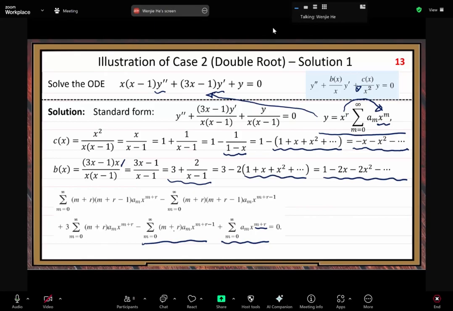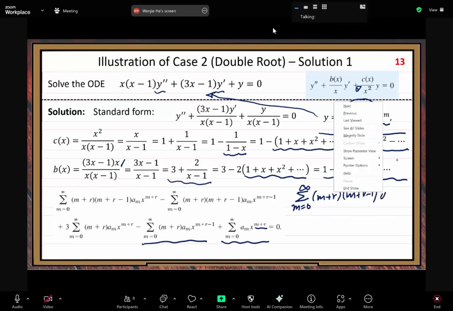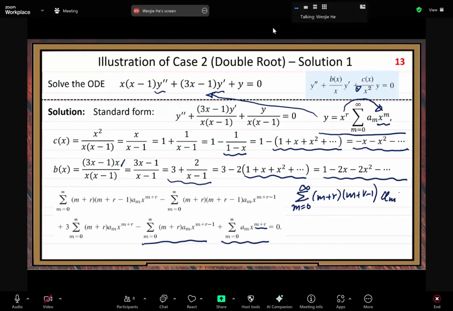So here, I like to multiply another time. Sum from m equals 0, m plus r, m plus r minus 1, a_m x to the m plus r minus 2. Minus 2.